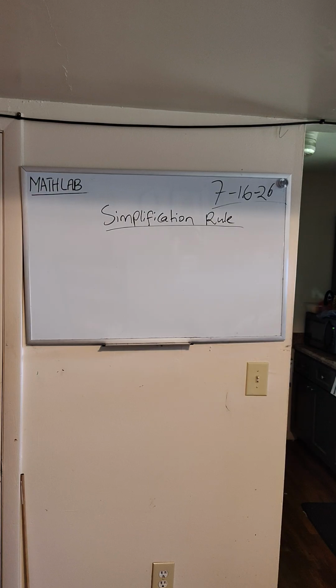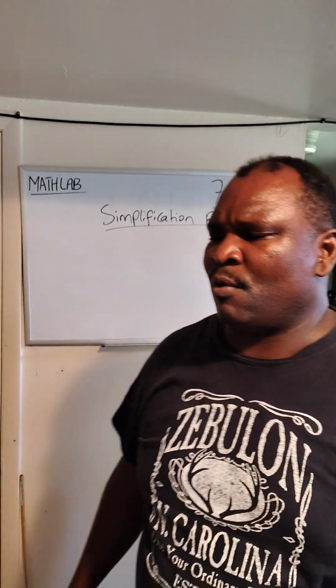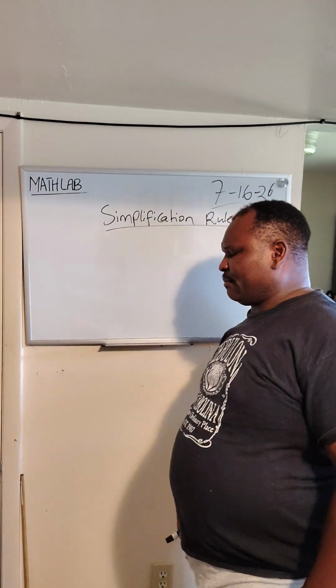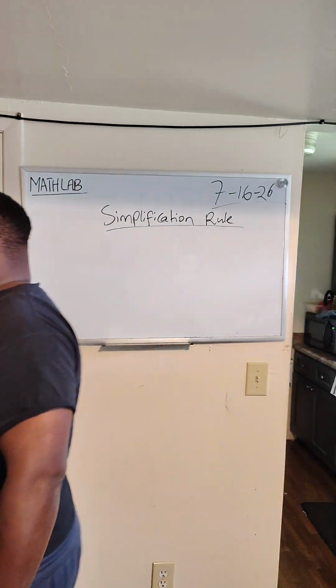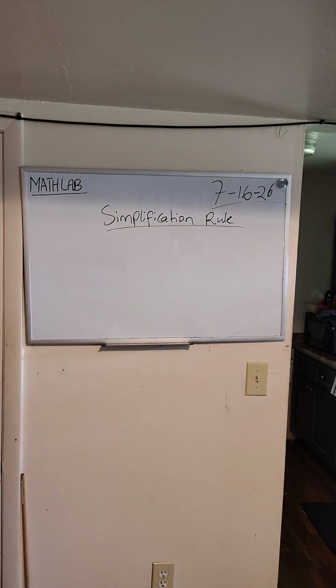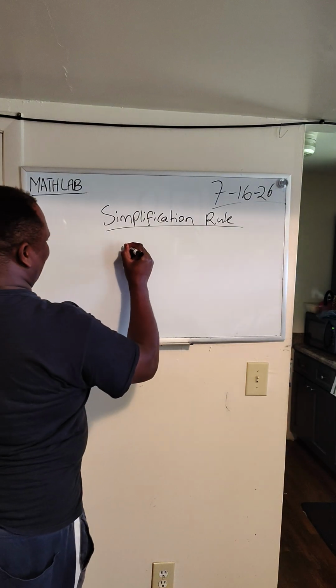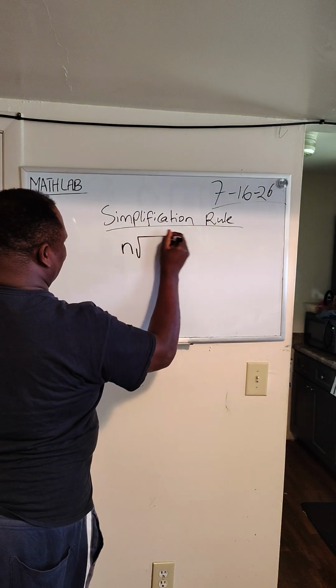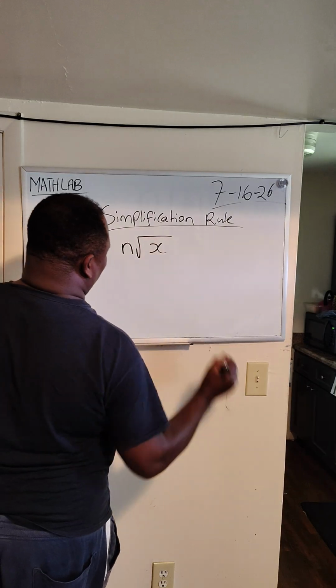From this one, we are going to learn about the real numbers and the ones which are not real numbers, and how to identify what is real and what is not real. For example, we are going to have n at the tail, and inside the root we have x.